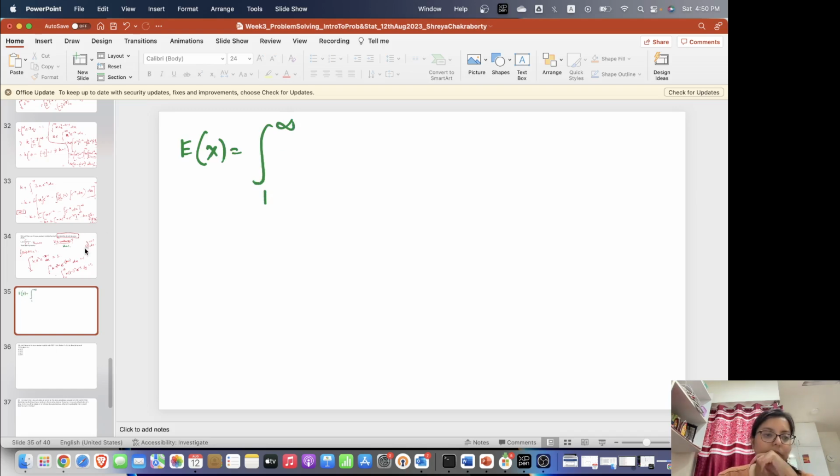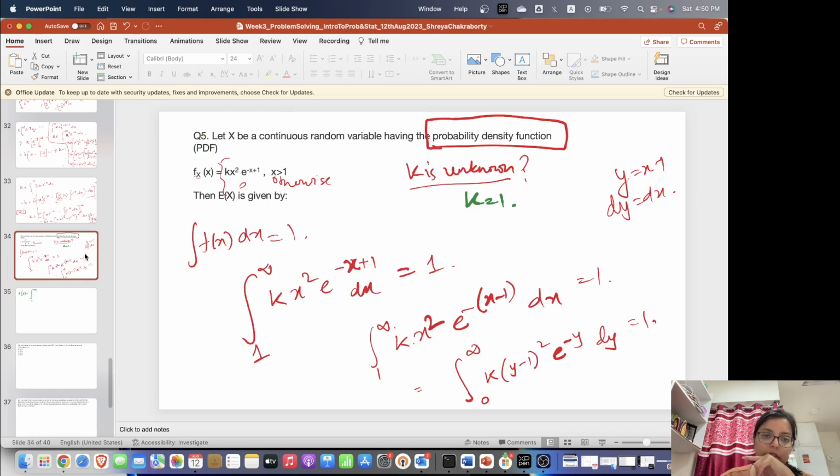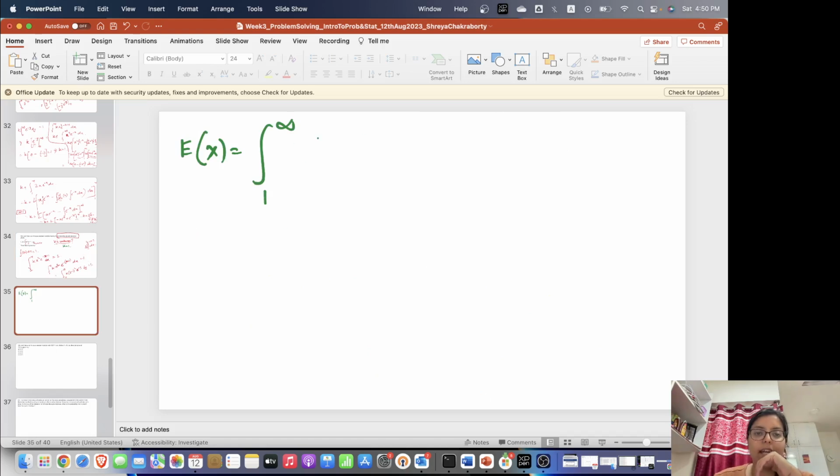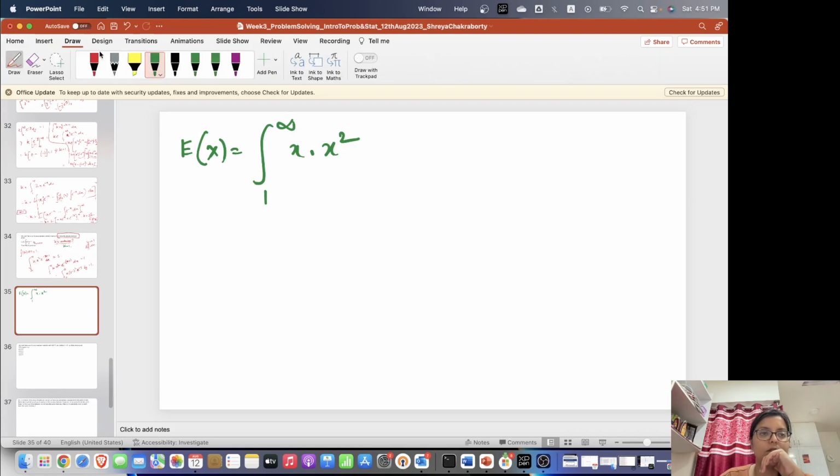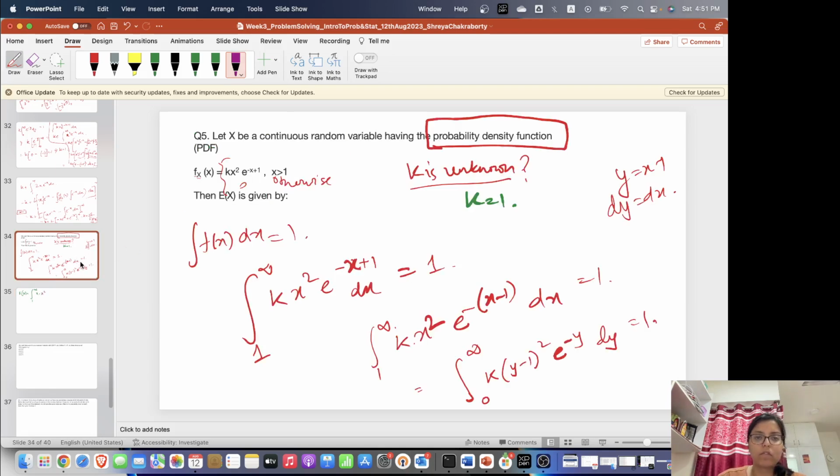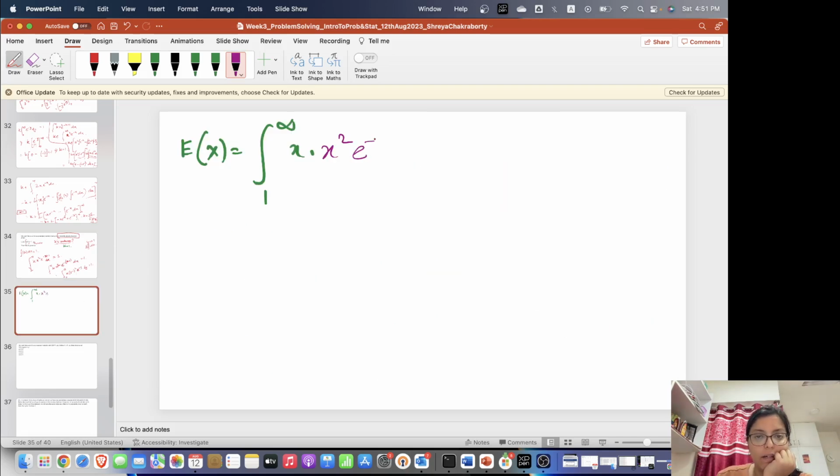K is 1. We need not worry about k. So we'll have x into x square, x into x square. What was that? E to the power minus x plus 1. E to the power minus x plus 1 dx.